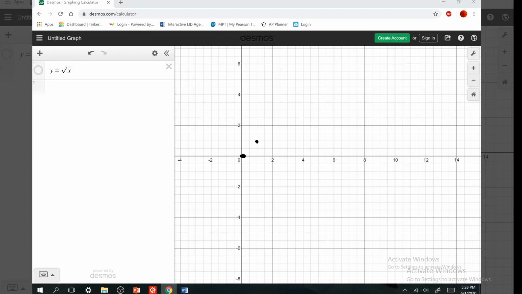And then square root of 2 is some fraction, but I know the square root of 4. And I know the square root of 9 is 3. And I could even go a little further. I know the square root of 16 is 4, and I could put another dot over here on the edge, and I could build my square root function from that. Okay, so that's how to graph these.